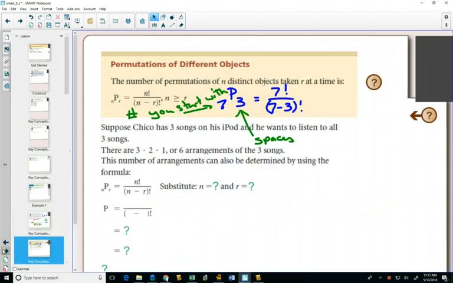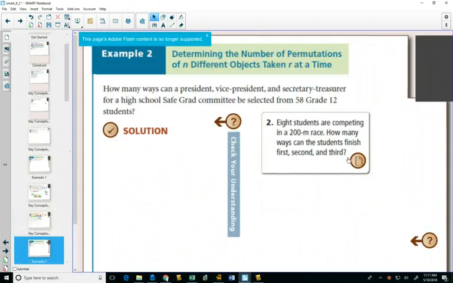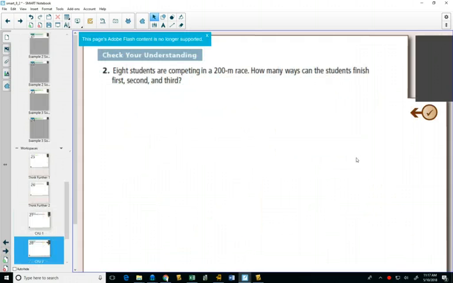So let's go to our first example. 8 students are competing in a race. How many ways can they finish first, second, and third? And the reason we don't use the permutation formula very often is because it's so much easier just to say I have 3 decisions to make. Who's going to come first?